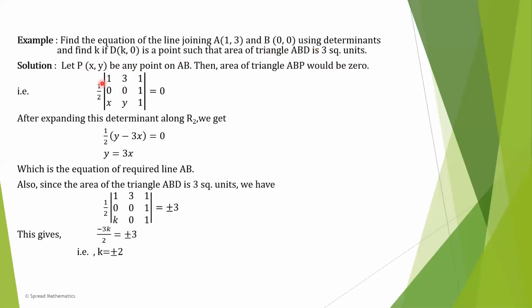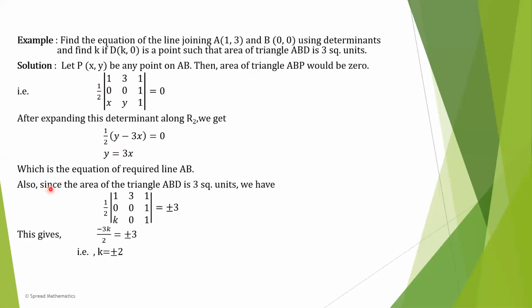That is 1 upon 2 determinant with rows 1, 3, 1; 0, 0, 1; x, y, 1 equal to 0, because points A, B and P are on the same line. After expanding this determinant along R2, because two elements of R2 are 0, we get this line. This is the equation of line AB. This is the required equation.